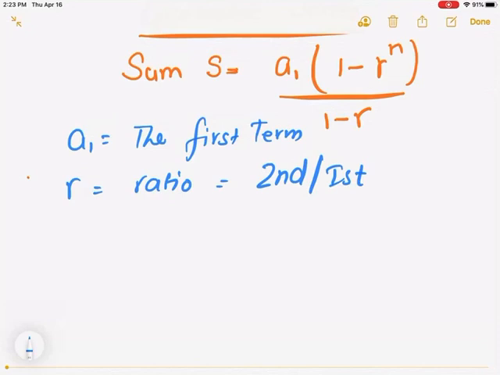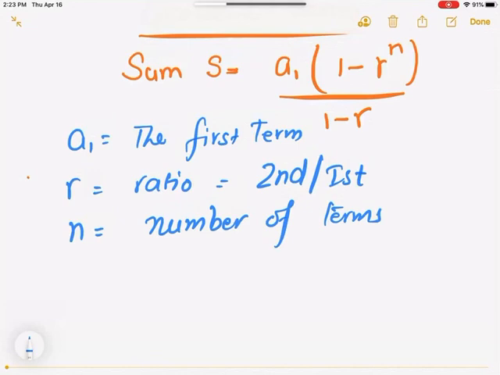And the last thing you need is n, the number of terms. If you have all three variables, you just plug everything in and evaluate the sum. But keep in mind, if any variable is missing, you can always go back to the explicit rule, solve for that, and then plug everything into the sum equation.